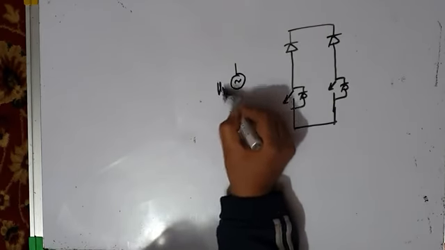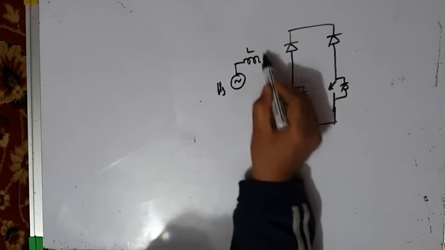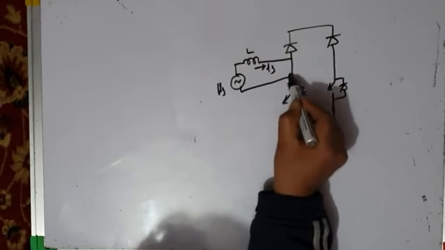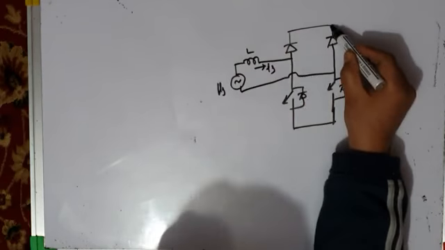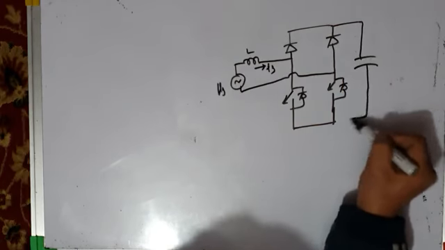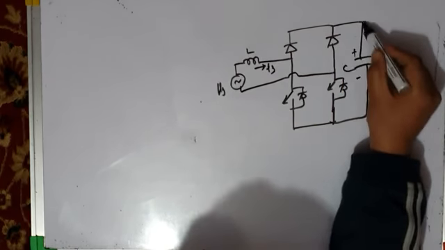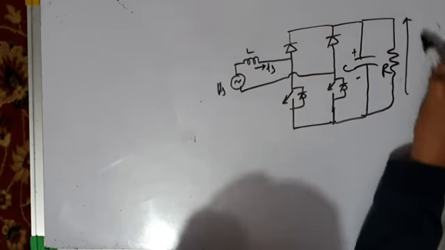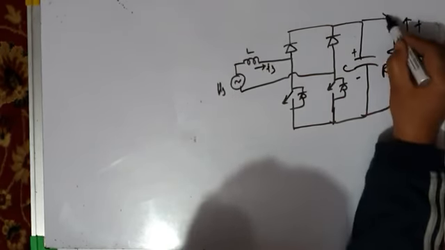This is source voltage Vs, this is inductance L, this is source current Is, this is the output capacitor C, and this is the load, where load voltage is V0 and load current is I0.